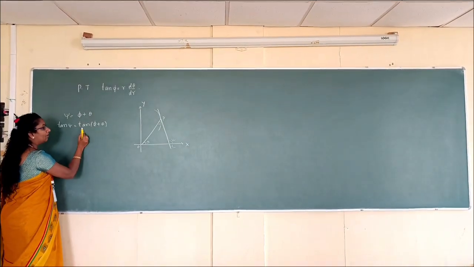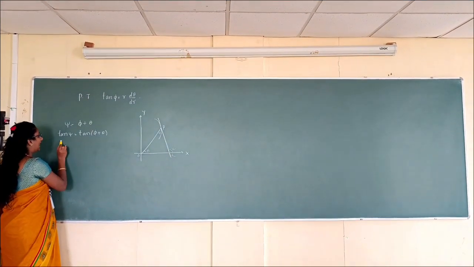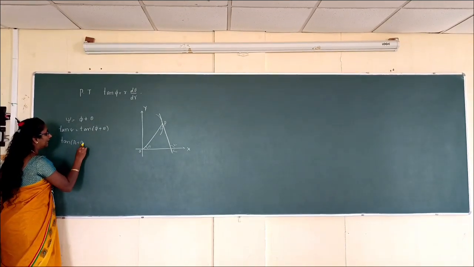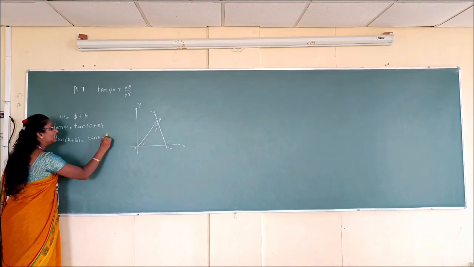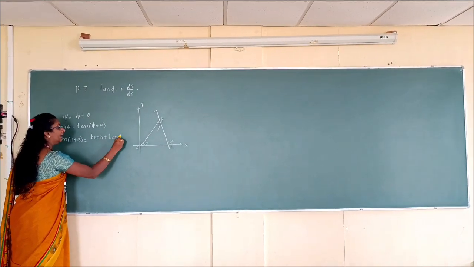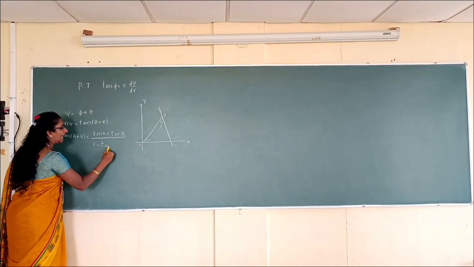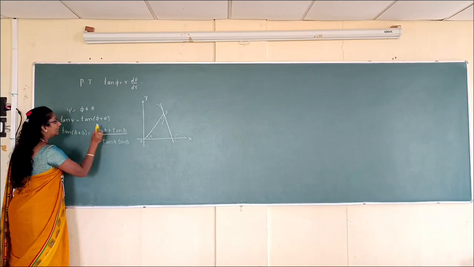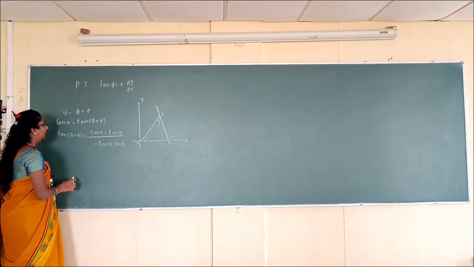So the formula for tan of phi plus theta: in the standard format we have tan of A plus B, that is equal to tan A plus tan B divided by 1 minus tan A into tan B. Instead of A we have phi, instead of B we have theta.